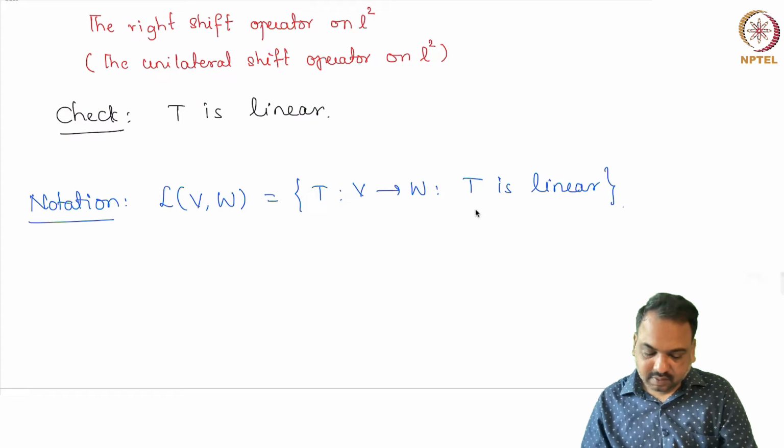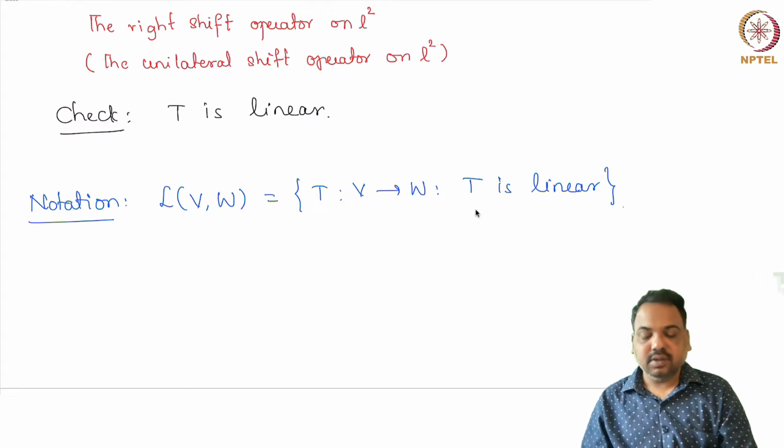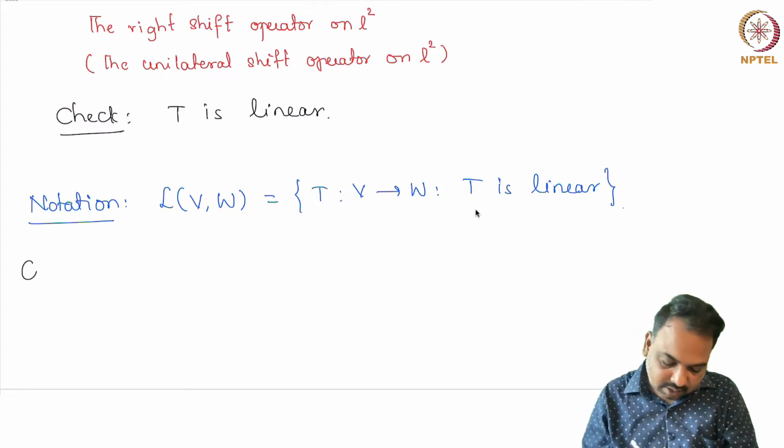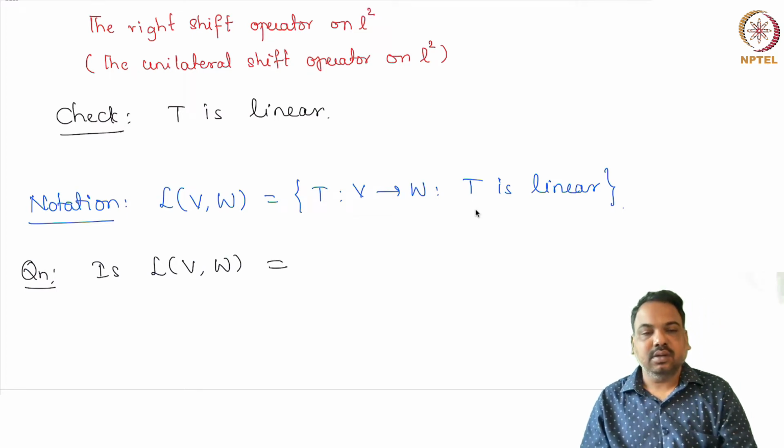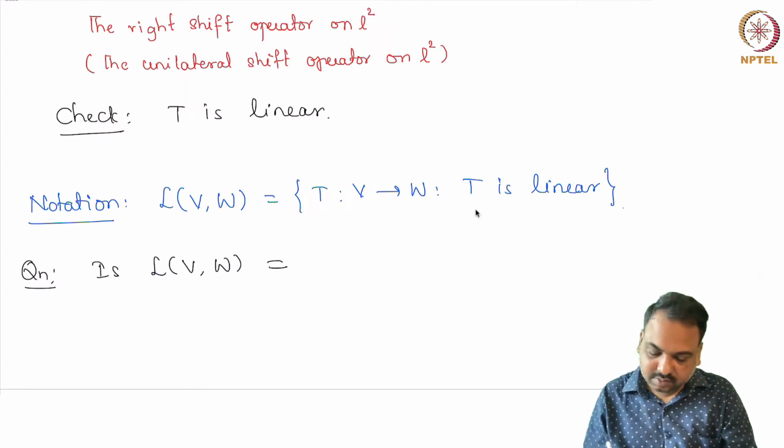That means L(V,W) is a set. Now the question we can ask is, is this set L(V,W) non-zero?